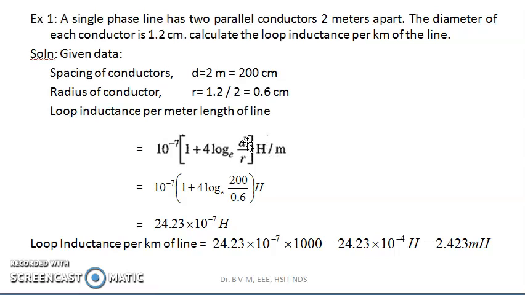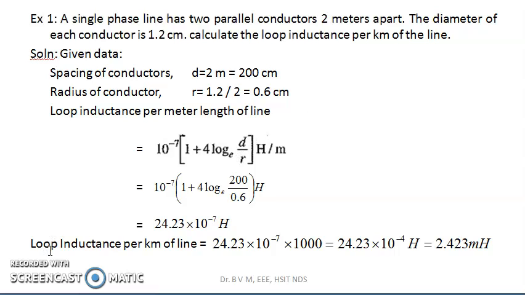Substitute the value of D and R. So here 10 raised to minus 7 into bracket 1 plus 4 natural log of 200 by 0.6 Henries, which is equal to 24.23 into 10 raised to minus 7 Henry per meter after simplification. But what we need to calculate is the loop inductance per kilometer.